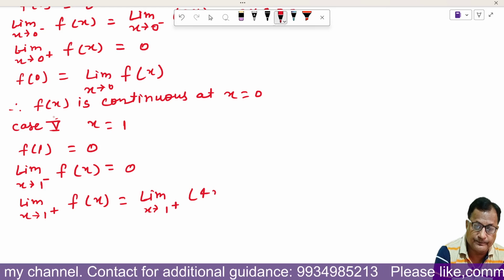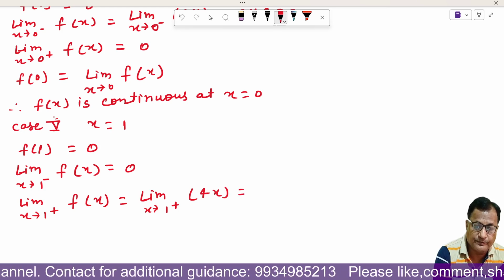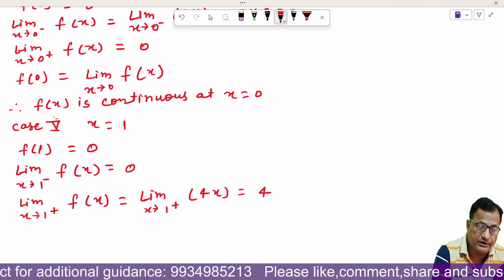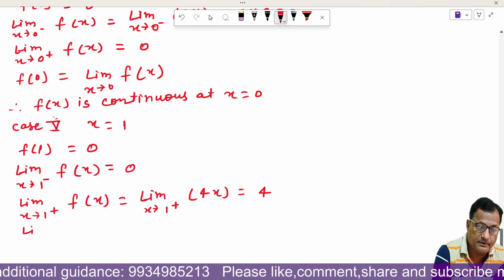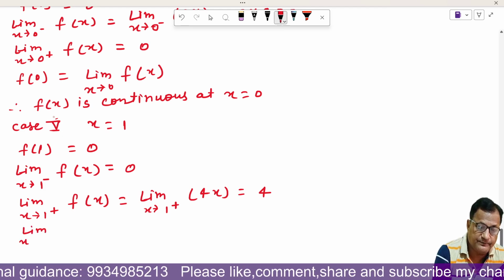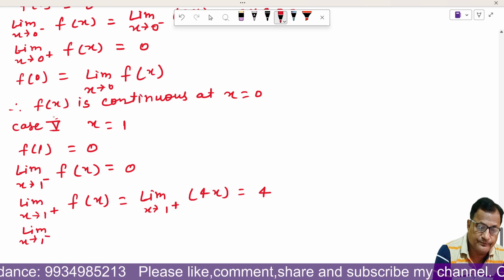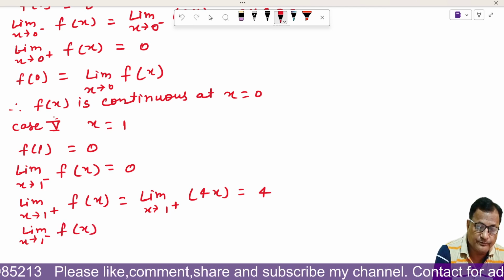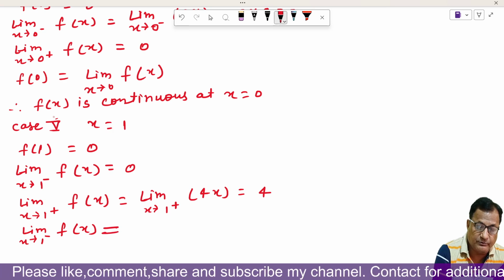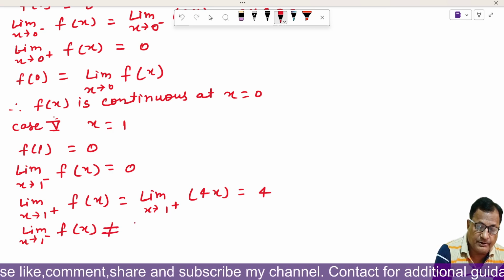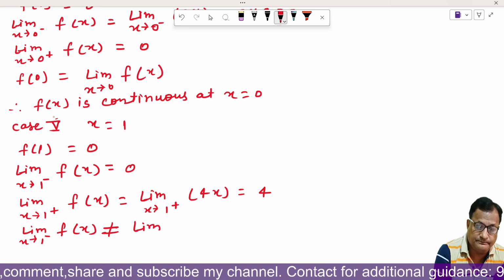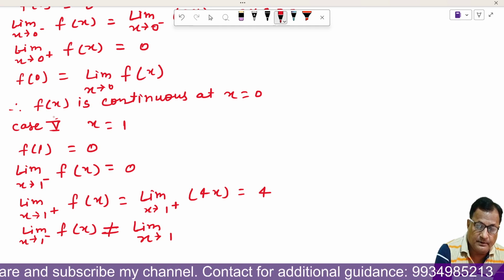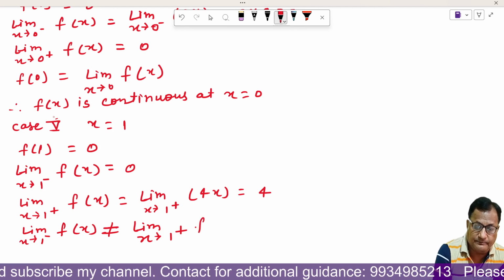over x. So here we see that the left hand limit is not equal to the right hand limit.